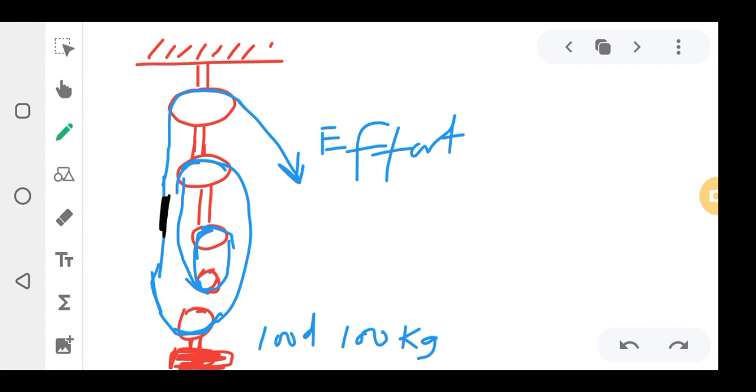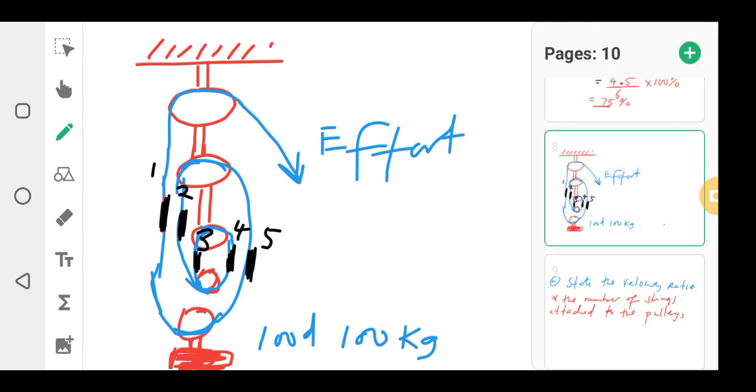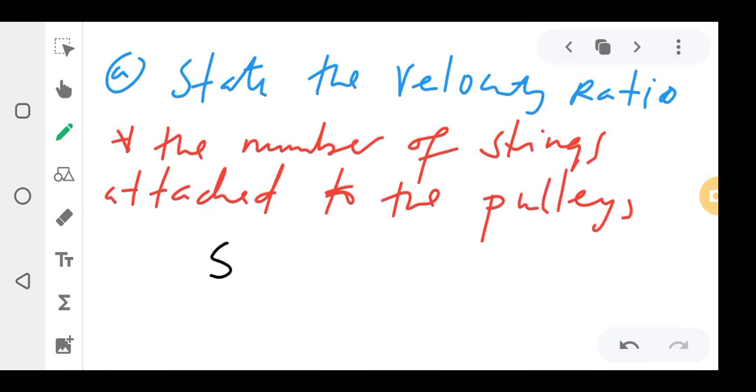This one outside here. 2. This one inside. 3 is this one here. 4 is this one on the other side, and then 5 this one here. So 5 strings. On the other side, they are vertical. So it means 5 is the velocity ratio.